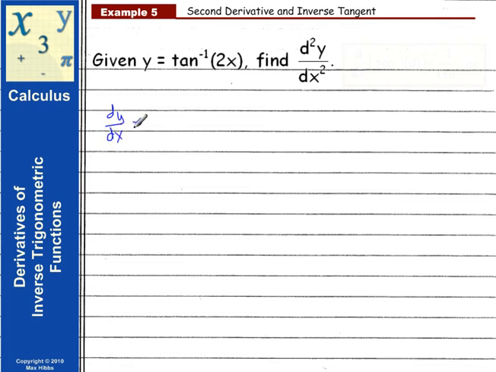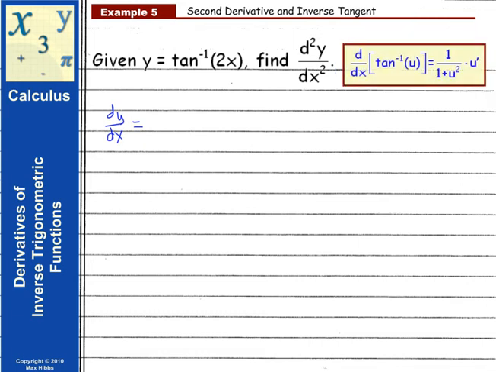the first derivative. Well, we've been working, of course, on the derivative of inverse trig functions. We may not have them all memorized yet, so here's our formula, if you will.